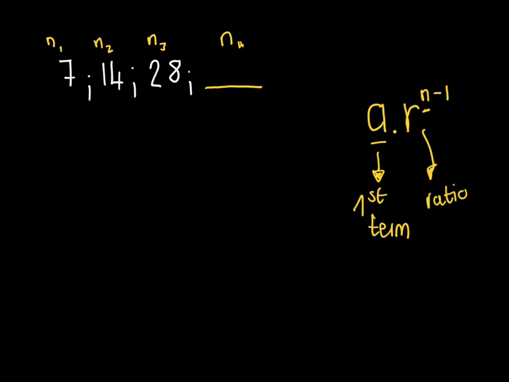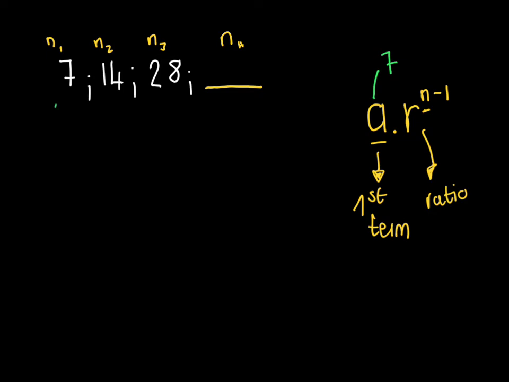Okay, now we know what our A is going to be. A over here is going to be our first term, which is 7. We can see that from what we are looking at over here.